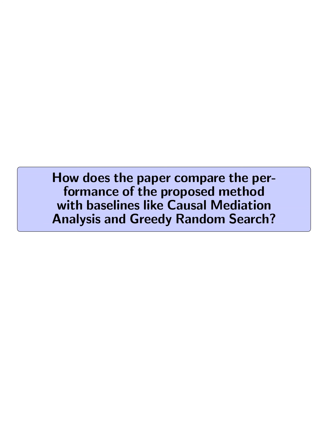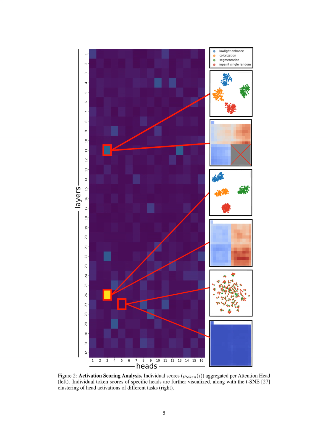How does the paper compare the performance of the proposed method with baselines like causal mediation analysis and greedy random search? The paper compares the performance of the proposed method with baselines like causal mediation analysis, CMA, and greedy random search, GRS, by conducting experiments on zero-shot task vector patching for visual in-context learning tasks.